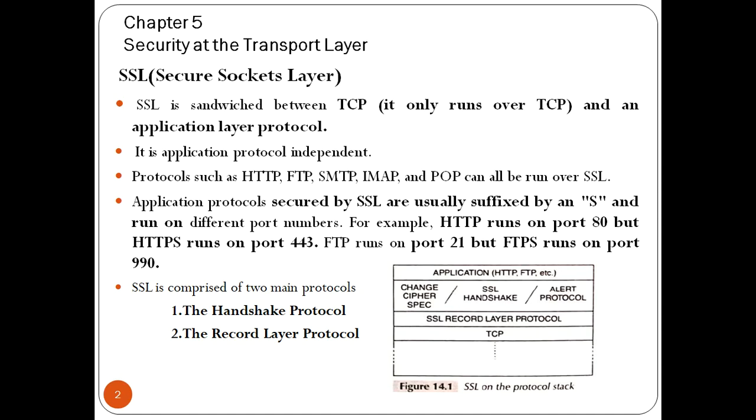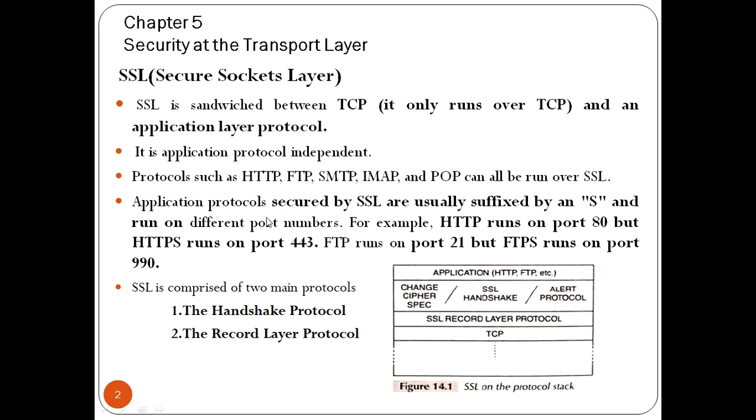There are several protocols such as HTTP, Hypertext Transfer Protocol, File Transfer Protocol, Simple Mail Transfer Protocol, Internet Message Access Protocol, and Post Office Protocol, and so on, that can all be running over SSL. To have security, these application layer protocols are able to run over SSL.